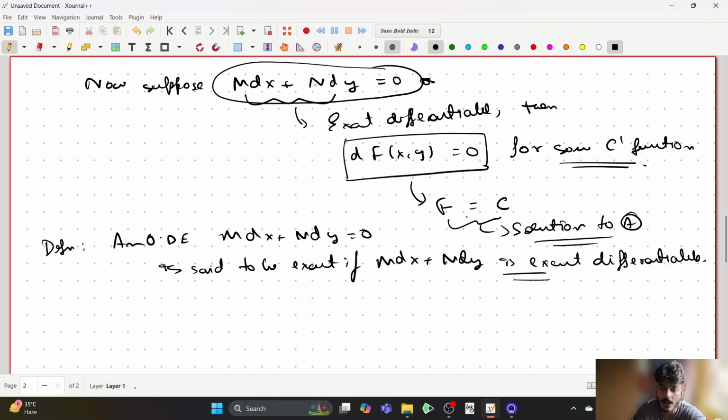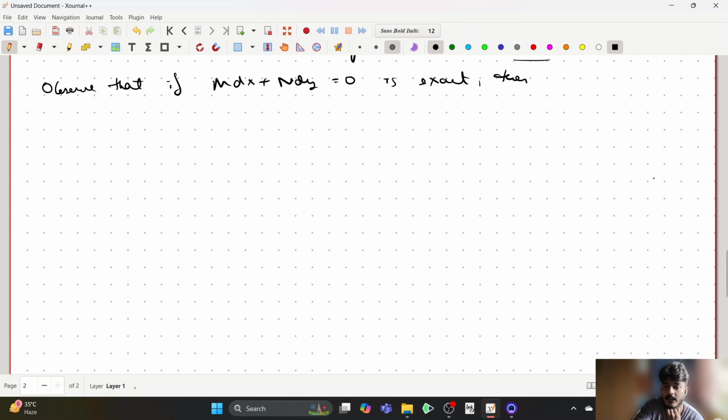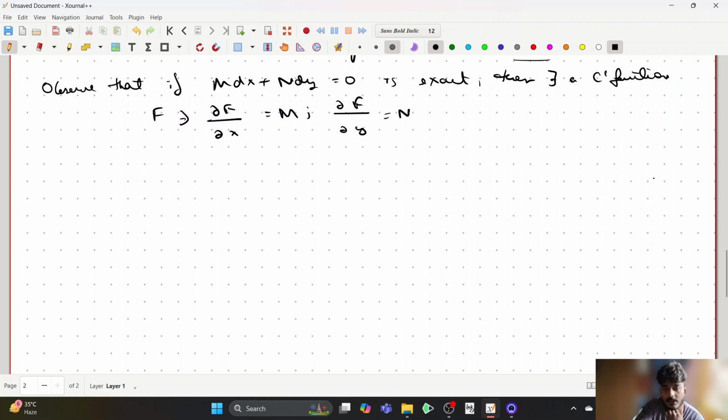Fine. Now observe the first important property. Observe that if M dx plus N dy equals 0 is exact, then there exists a C1 function f such that del f by del x is equal to M and del f by del y is equal to N. So if I partially differentiate each of these expressions again with respect to the other variable, because f has independent variables x and y both, I can partially differentiate it with respect to x and then with respect to y, or vice versa.